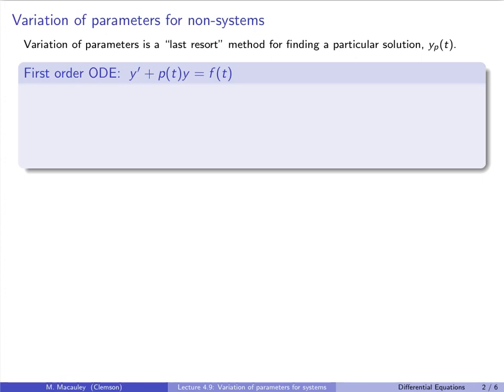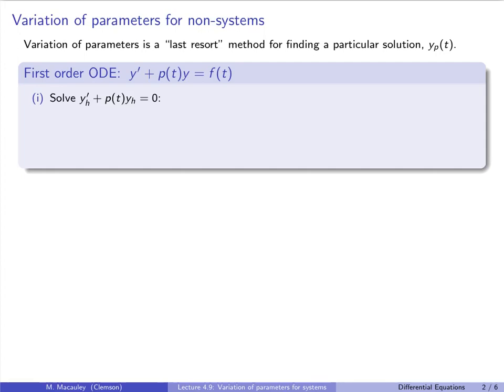So variation of parameters, you should think of it as a last resort method for finding a particular solution to an ODE. So for a first order linear ODE of the form y prime plus p of t y equals f of t, the first step is always the same. Solve the homogeneous equation first.